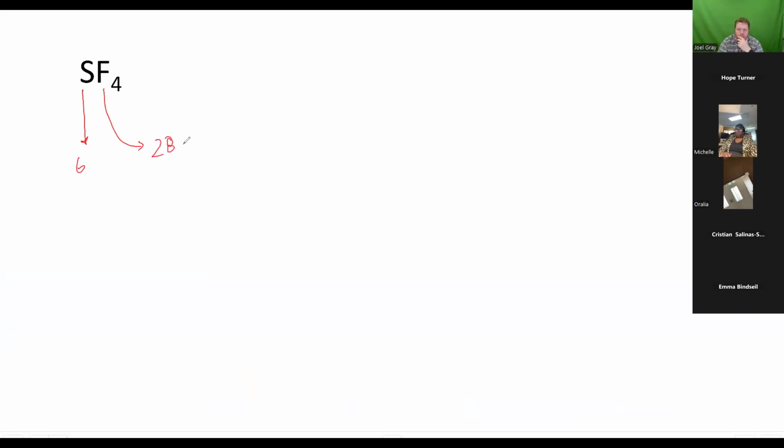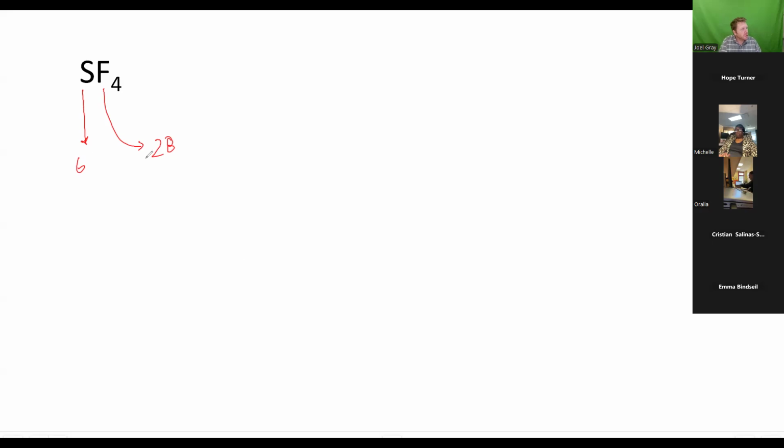Okay. So before we do this, I want you to know that there are some atoms that can exceed the octet. There are some that can take on more than 8 electrons, and then there are others that don't need as many as 8 electrons surrounding them. Knowing this is going to be very helpful when we draw the structure.